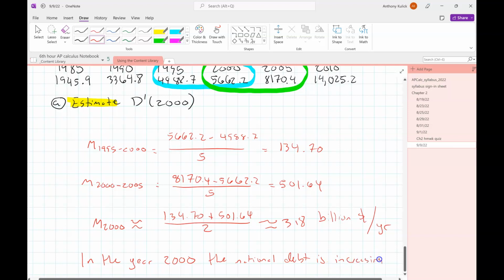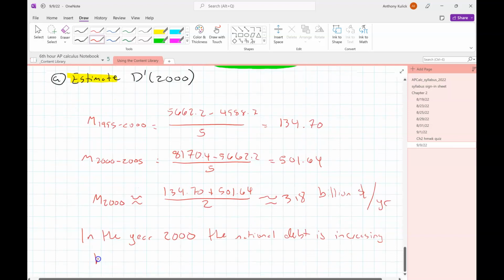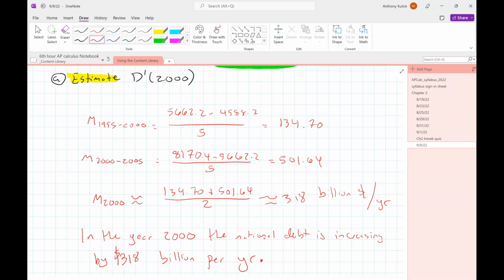Increasing, because it's a positive number, by $318 billion per year. So if somebody asks you to interpret the meaning of the derivative, that's kind of what they're asking you to do, is to write out in words and context what it means.